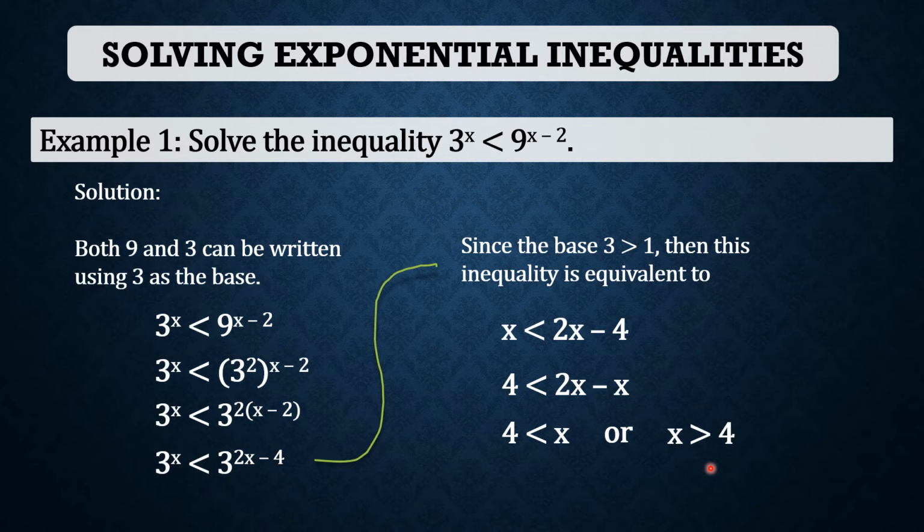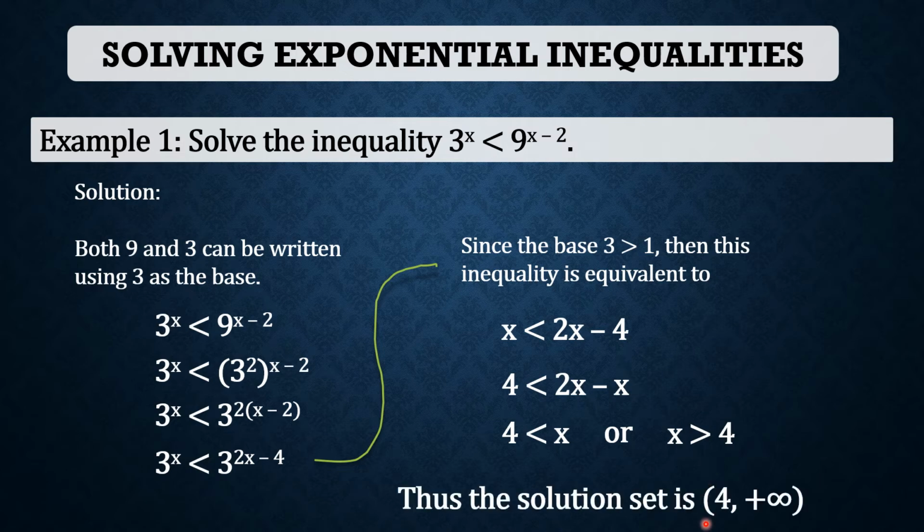Kasi nga, x is greater than 4. Anything na greater than 4. And we know na napakadami na, no? And it approaches positive infinity. So our solution set is given by this interval notation. So here, 4, comma, positive infinity. Gumamit tayo ng open parenthesis because 4 is not part of the solution.